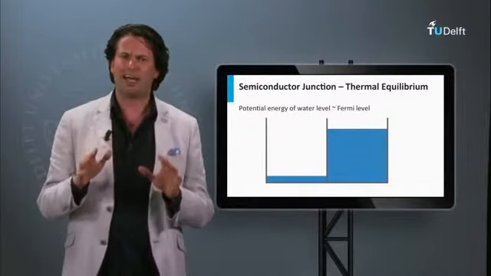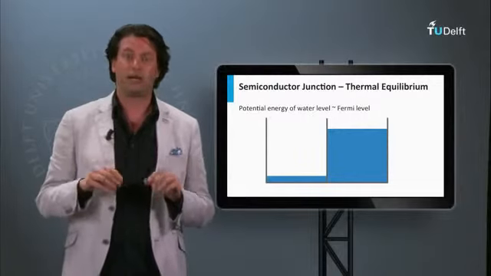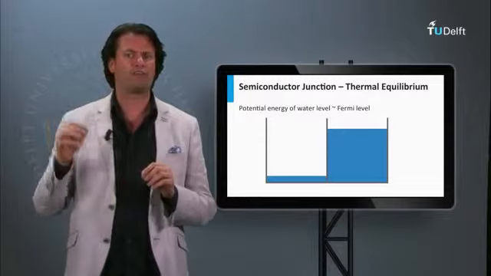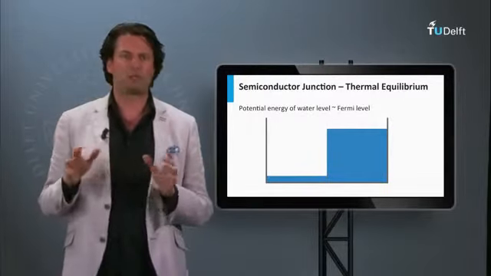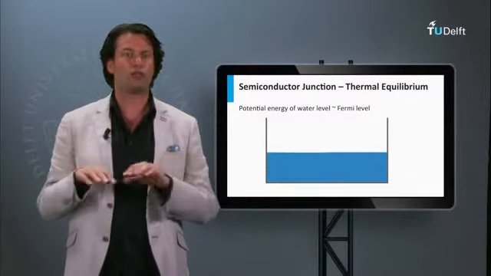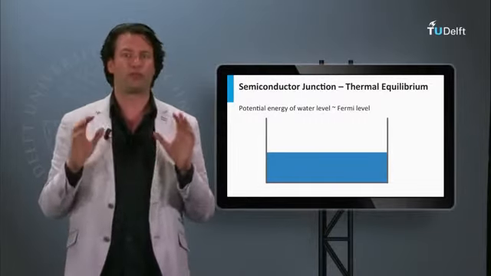Let's say the left side is the p region with a Fermi level close to the valence band, and the right side is an n region with a Fermi level further away from the valence band. If we remove the barrier between the two reservoirs, the water levels will equalize over the two reservoirs. The same is applicable for the Fermi level.